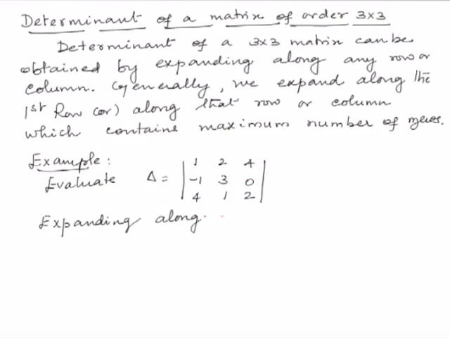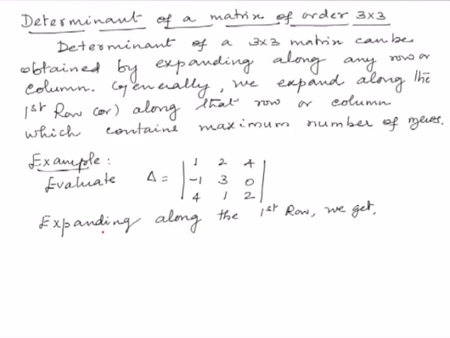So now expanding along the first row, we get, here you need to be very careful. When you expand along the first row, if you pick up the element 1, the corresponding row and column need to be forgotten, and the resultant 2 by 2 matrix has to be taken into consideration.